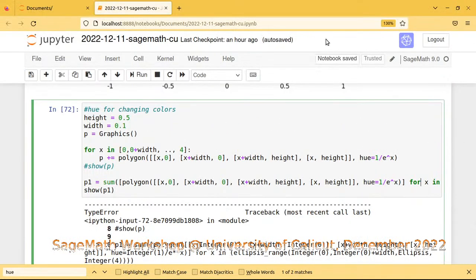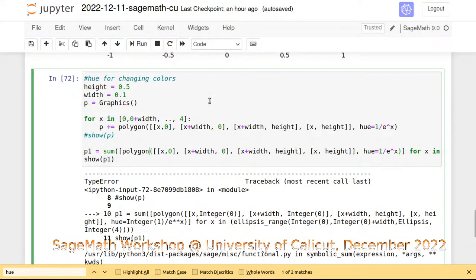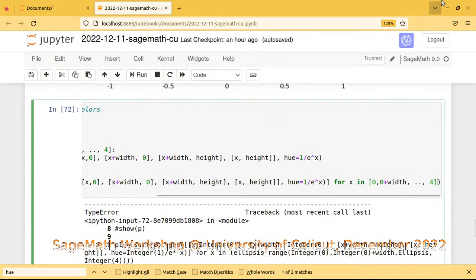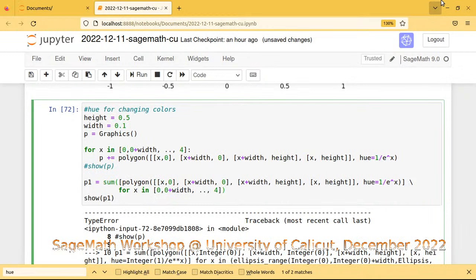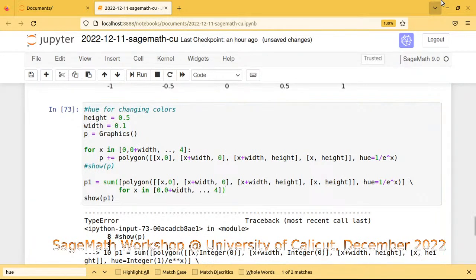What is the problem with that? So how do I close this? Polygon x0, x plus width, height, x, width for x in. So this is closed. What is the problem it's saying?